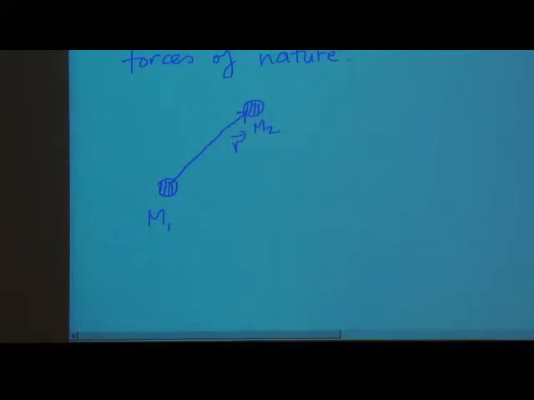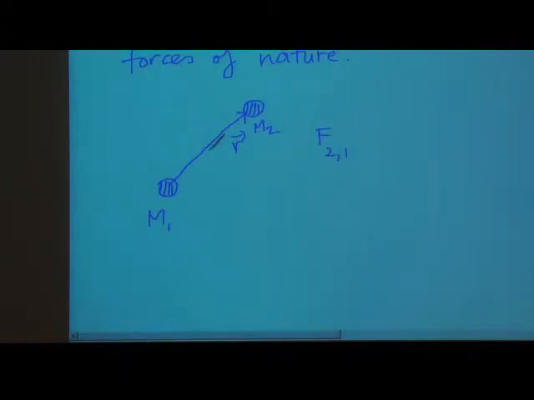Let's say this is our position vector. And the gravitational force on mass number 2 due to mass number 1 is towards mass number 1.